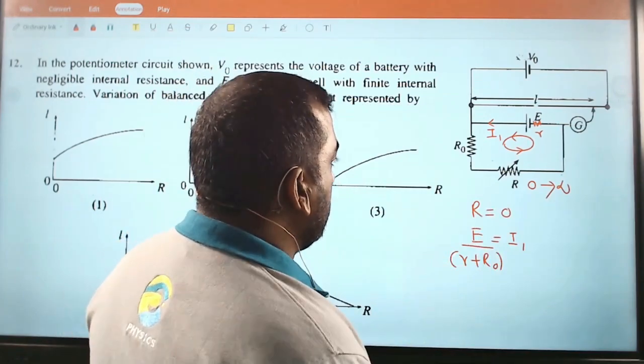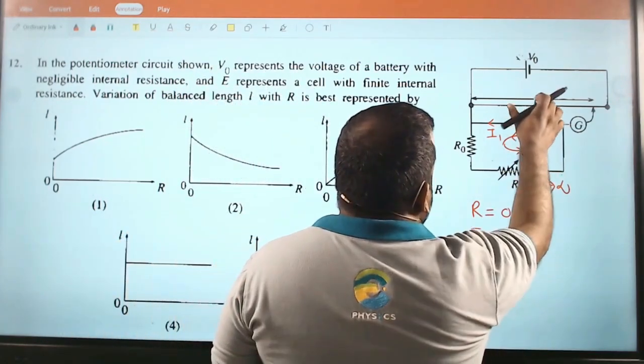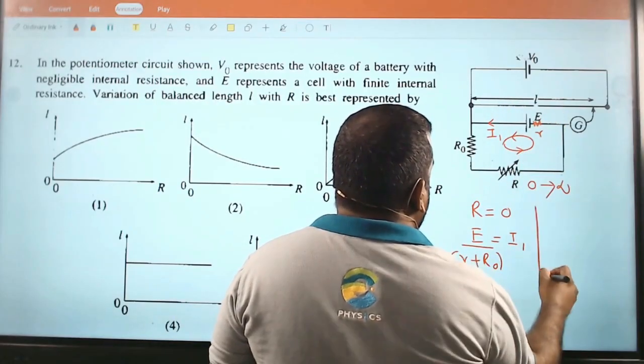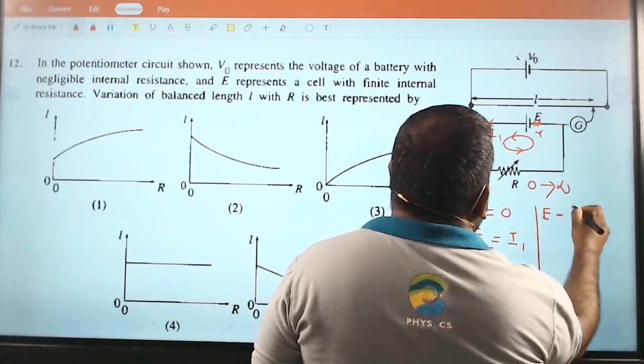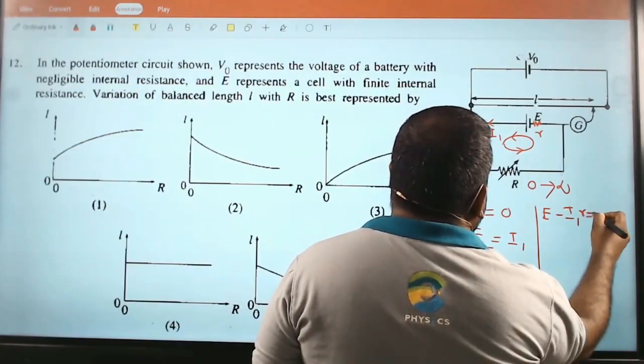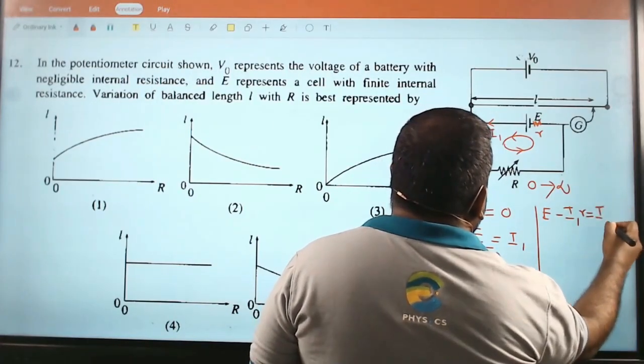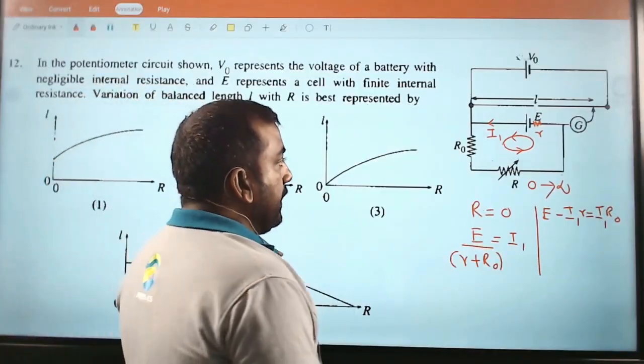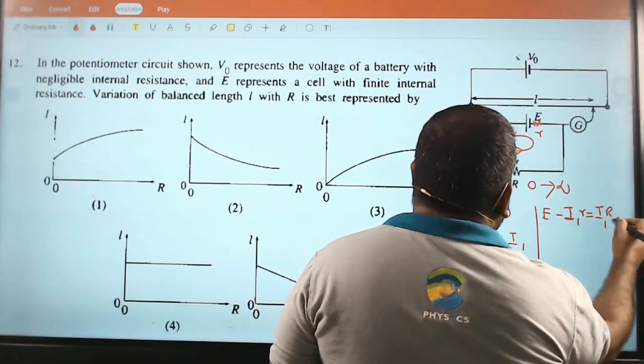Okay. So terminal potential difference here, E minus I1 R. That is same as I1 R0.